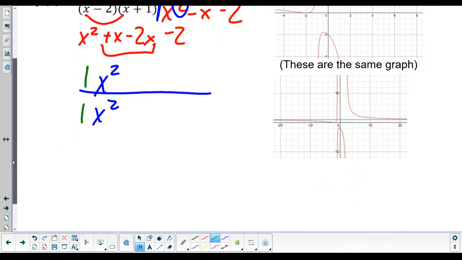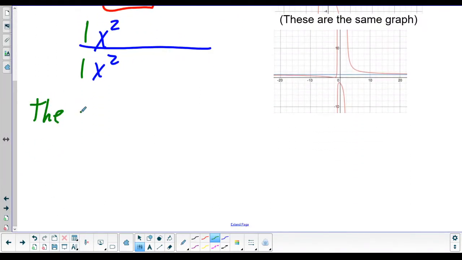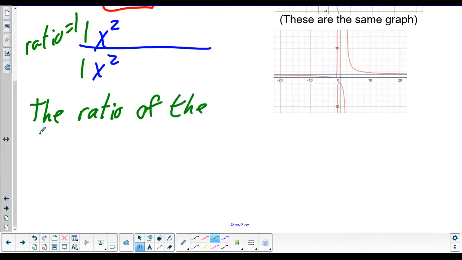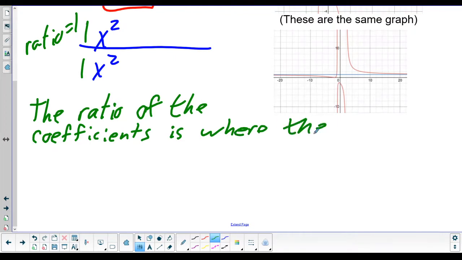Let's write that down. The ratio, that means the fraction, so top over bottom. So our ratio here equals 1. It's 1 over 1. The ratio of the coefficients is where the horizontal asymptote is located.